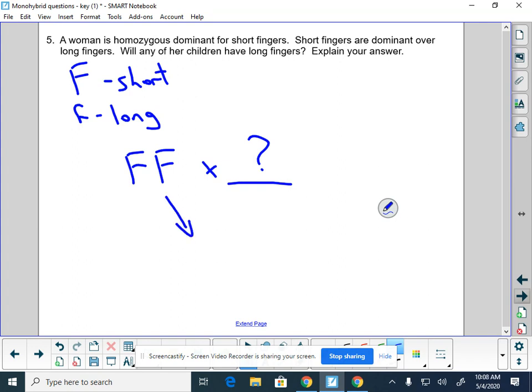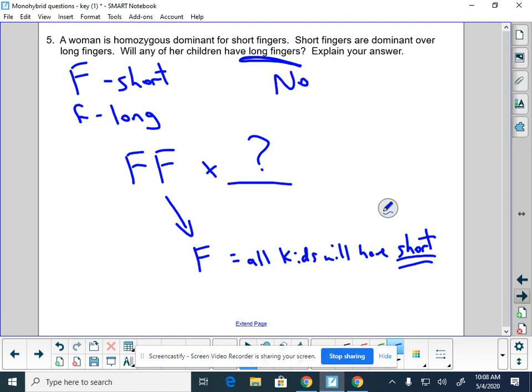We know that all of her kids will get at least one capital letter F, which means all kids will have short fingers. So the question is asking, will any of her children have long fingers? And the answer is no. No long-fingered kids, regardless of what the husband has for his genotype.